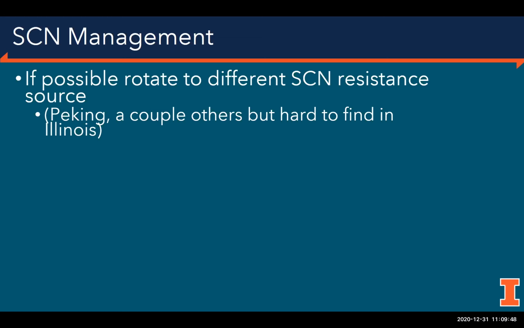So if you have something that is doing poorly one year, get a whole different cultivar the next time you go into that field. That can help with reducing your nematode populations. And then you choose a different source altogether, like Peking.